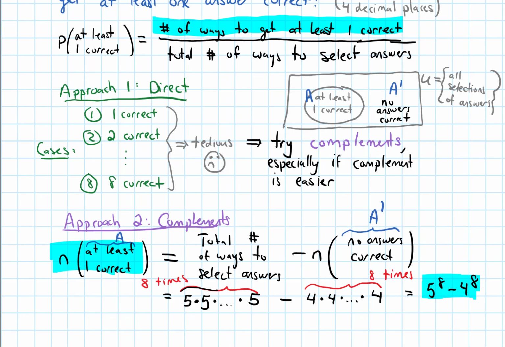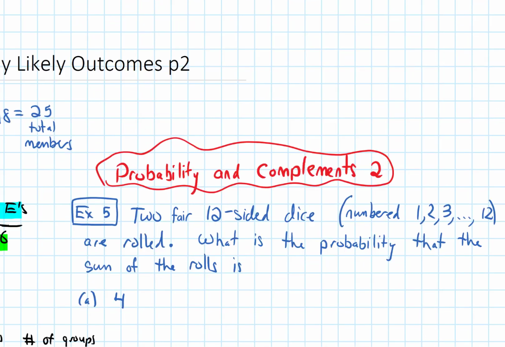So now we have to think about the denominator, the total number of ways to select answers. But we actually already did that within this first computation. The total number of ways to select answers was 5 to the 8. So we are ready to write out our fraction.